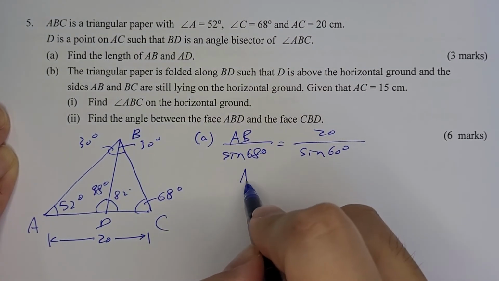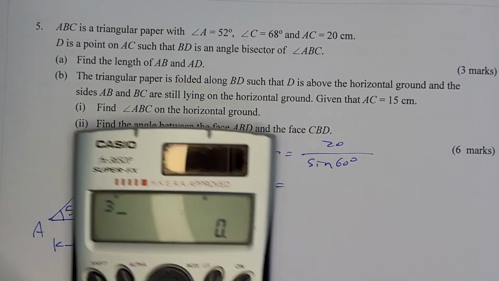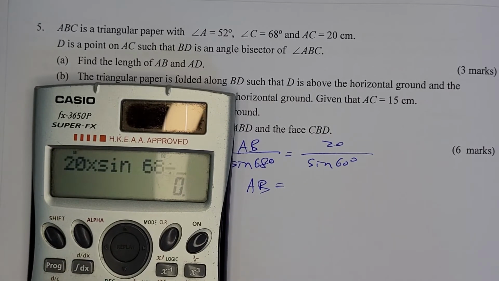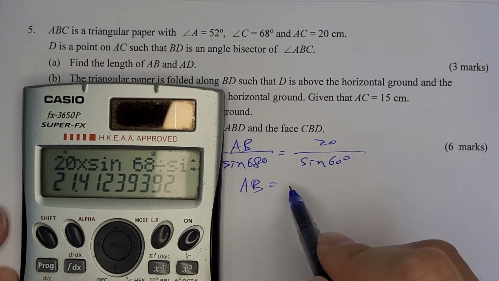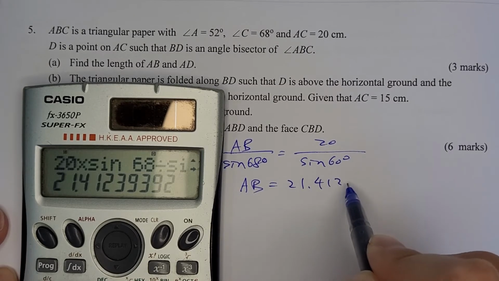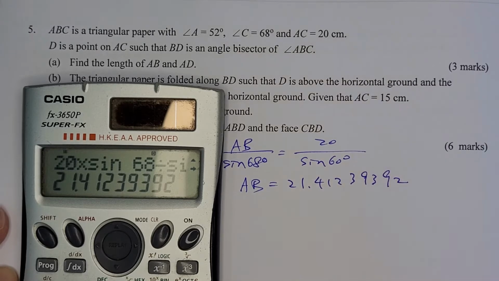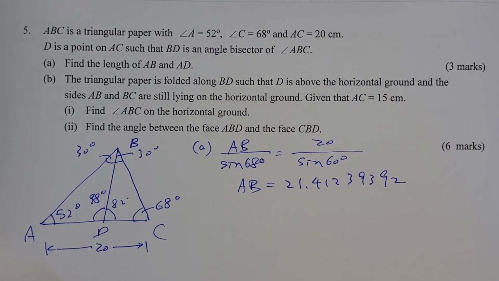Then you can find AB. 20 times sine 68 degrees divided by sine 60 degrees. This one, 21.41239392. And you need to correct to 3 significant figures for your final answer.